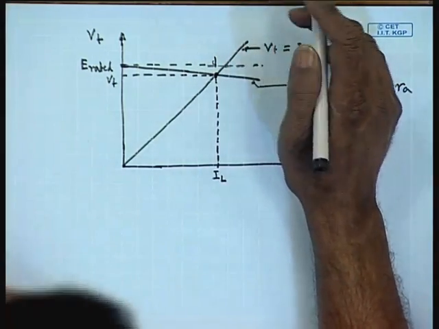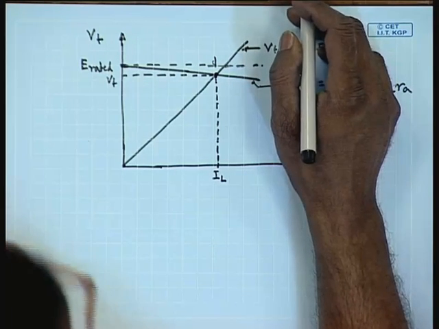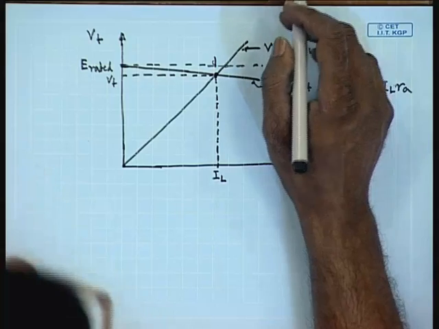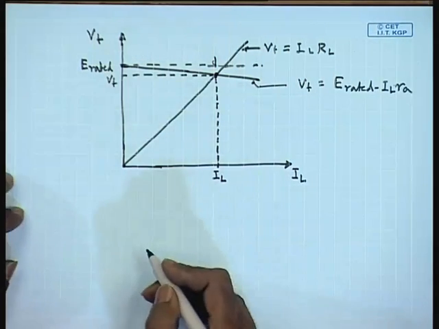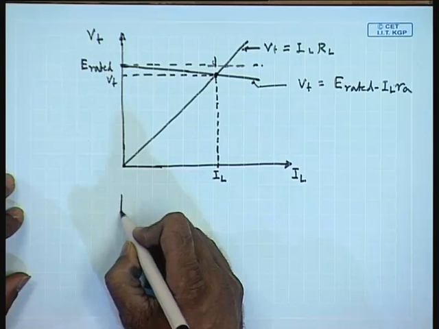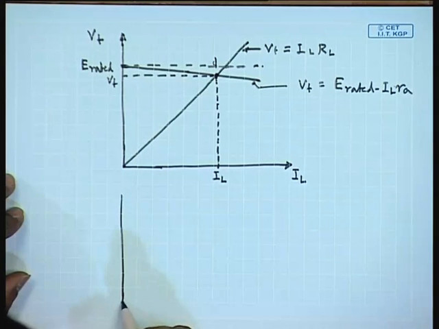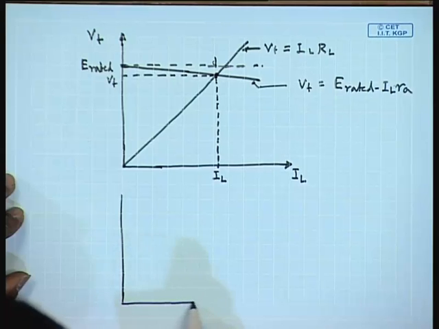Hence, due to armature reaction in a practical machine, the value of induced voltage does not remain constant with increase in armature current. In fact, the induced voltage tends to drop.